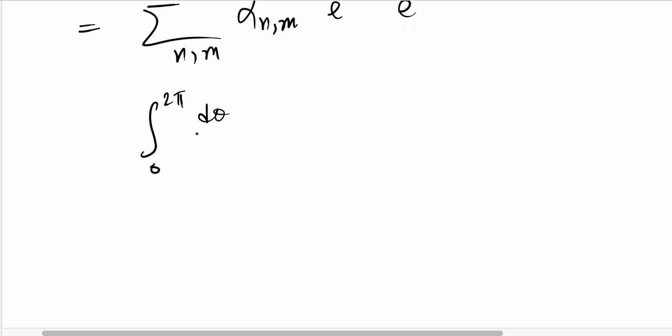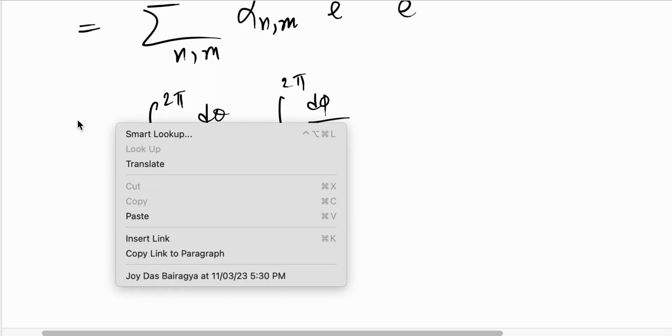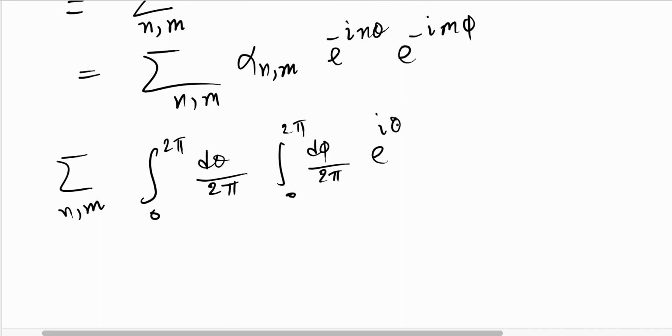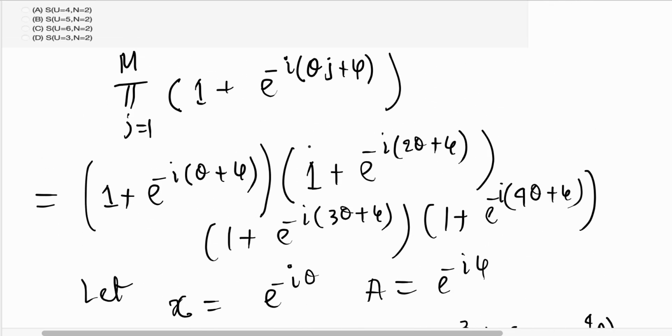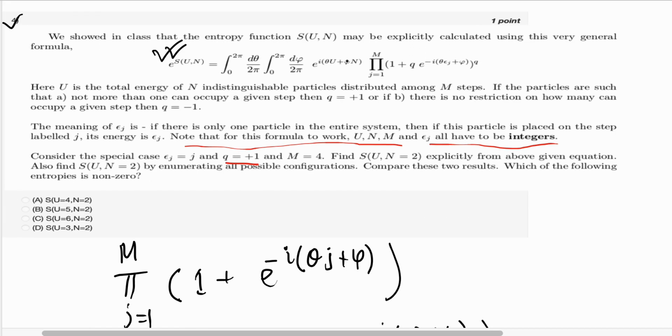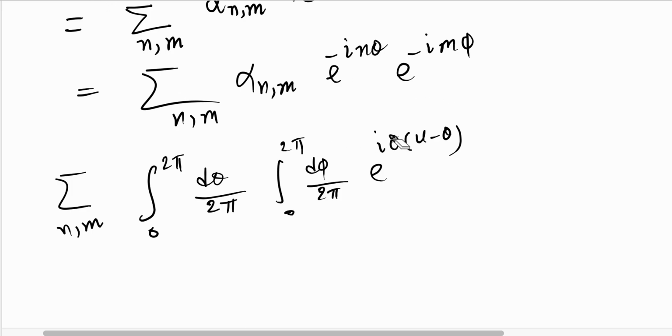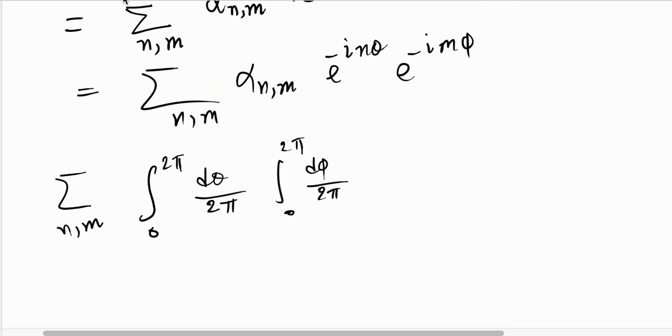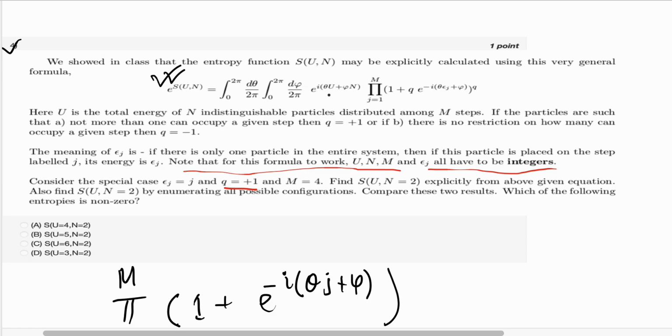So it is nothing but the integral from 0 to 2 pi of d theta by 2 pi, 0 to 2 pi of d phi by 2 pi, summation of nm, e to the power i theta u, into e to the power i theta u plus phi n.